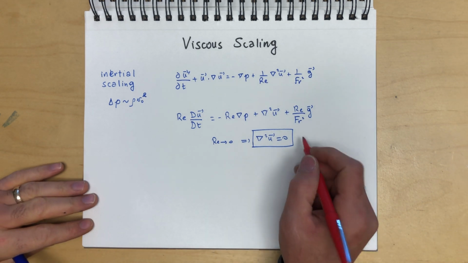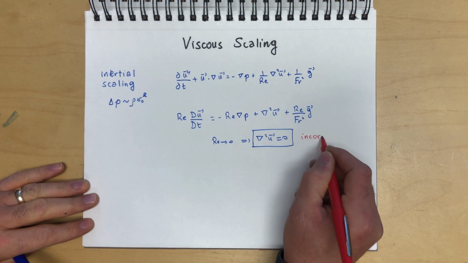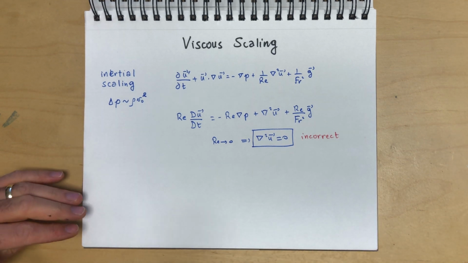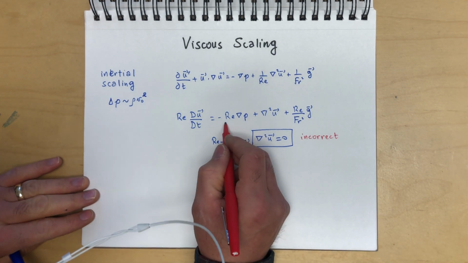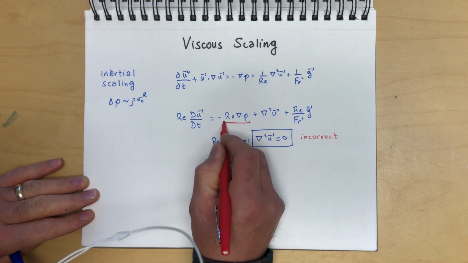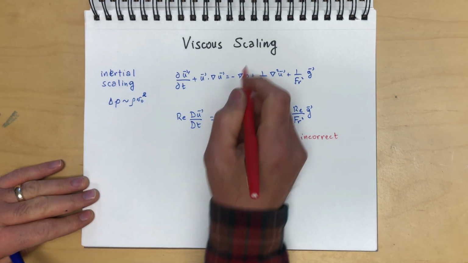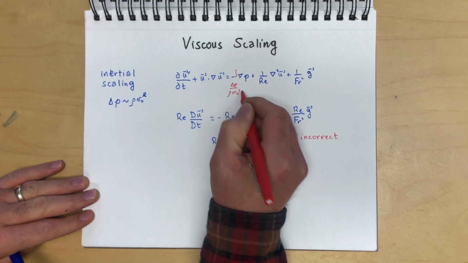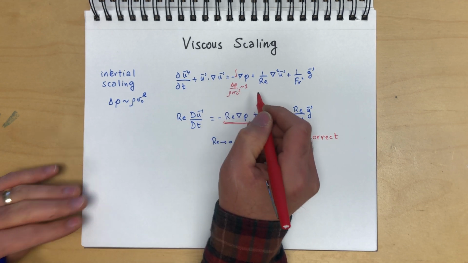This doesn't give us any interesting results because it's really an incorrect way of interpreting this equation, and this is incorrect because we missed one very important thing, and that's the scaling of the pressure. Remember, this pressure was scaled. This pressure had a delta P over rho v0 squared, and we said that that's equal to 1.